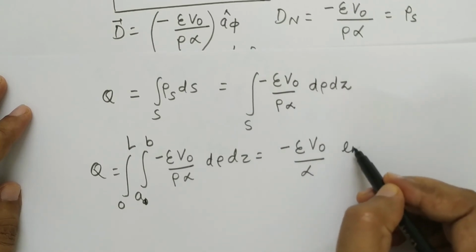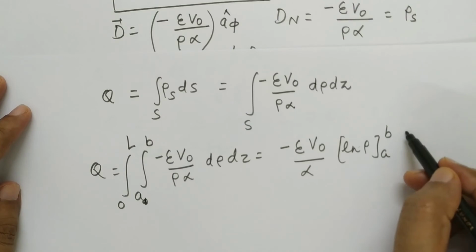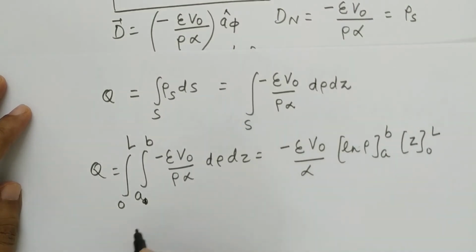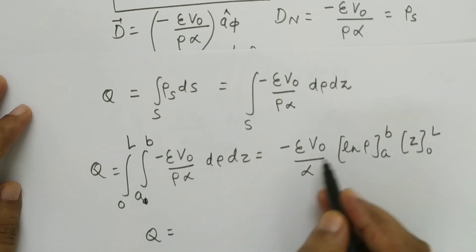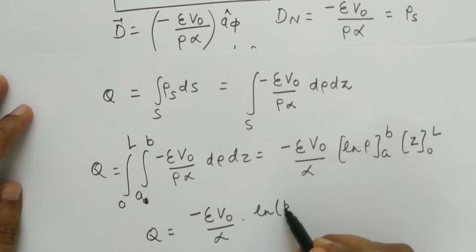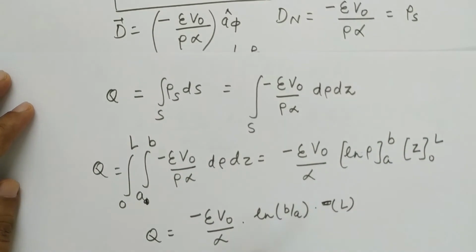The integral of d rho by rho is ln rho, which is from a to b, and z is from 0 to L. So Q equal to minus epsilon V naught by alpha ln b by a into L.